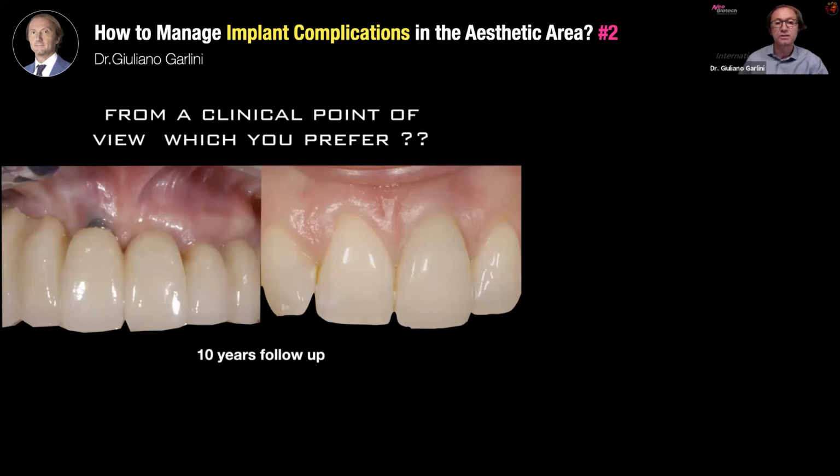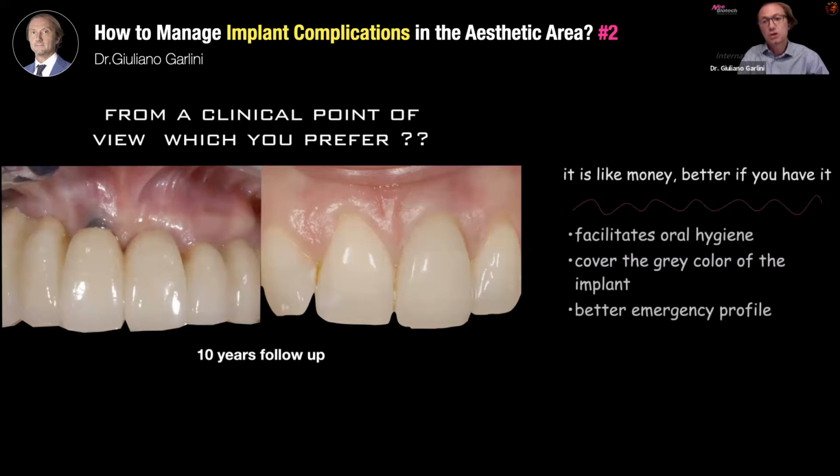Obviously, I prefer to stay in the situation on your right. So we can say that keratinized mucosa is more or less like money, better if you have it. Why? Because it will facilitate the oral hygiene of your patient, and we will see some cases later on where a great amount of keratinized mucosa is a great advantage for your patient.